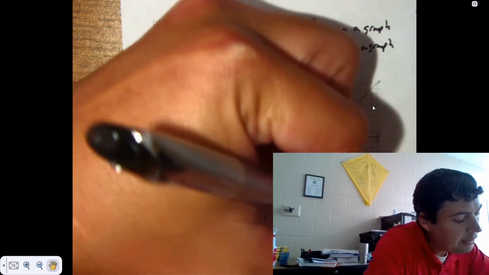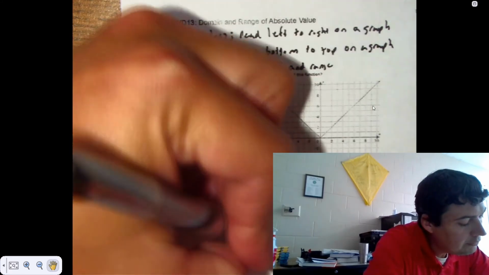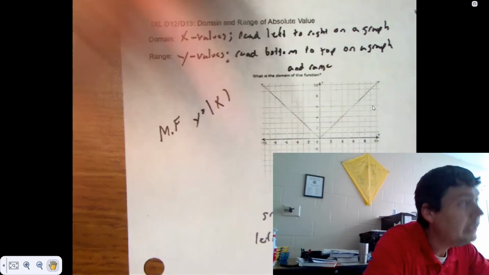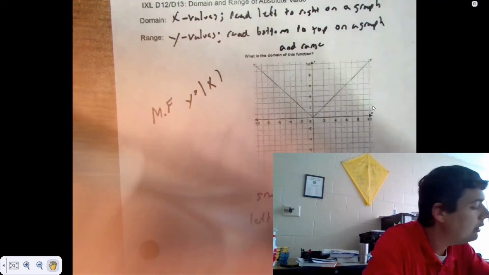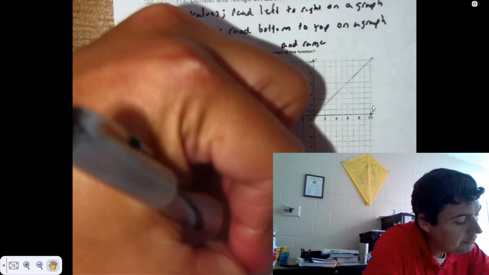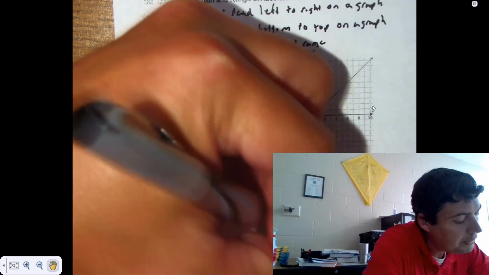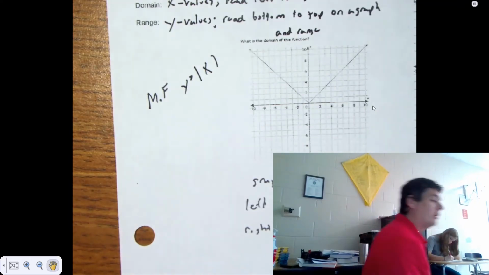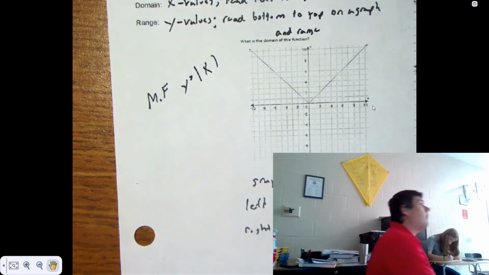The graph runs forever left, which we actually call negative infinity, but we're not going to talk about that just yet, and forever right, which we call positive infinity.